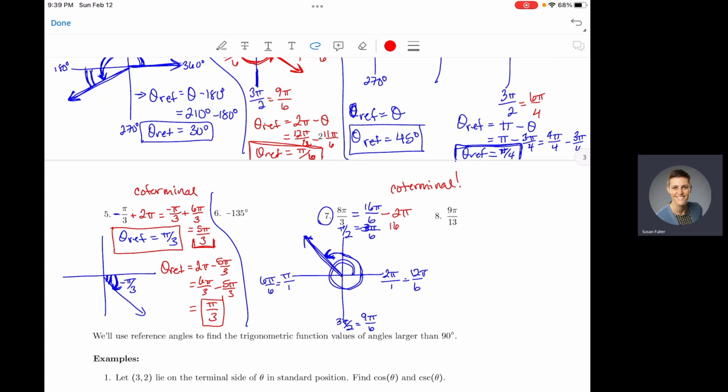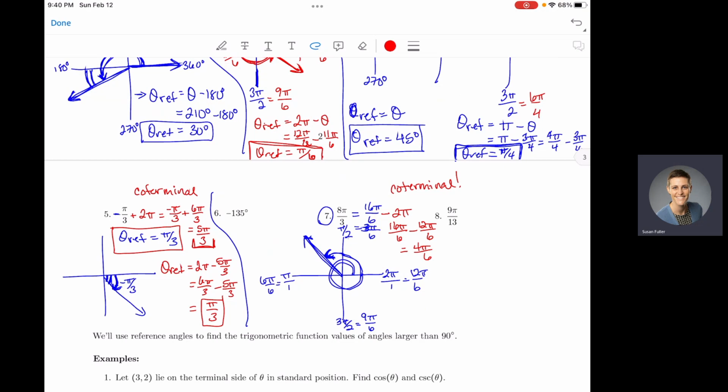So I'm going to do 16 pi over 6 minus 2 pi, which is 12 pi over 6. That gives me an angle of 4 pi over 6. That is my positively rotating angle between 0 and 2 pi that's coterminal with what I have.